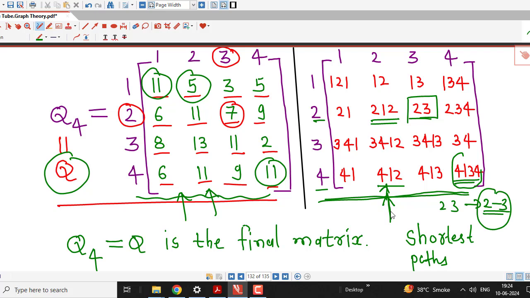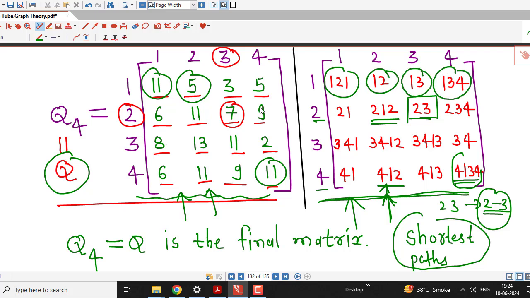If they ask you to find the lengths of the shortest paths, then you need not write the paths, but in this question they have asked to find the shortest path between each pair of vertices. Therefore we have to mention the shortest paths for which lengths are entries of this matrix Q.